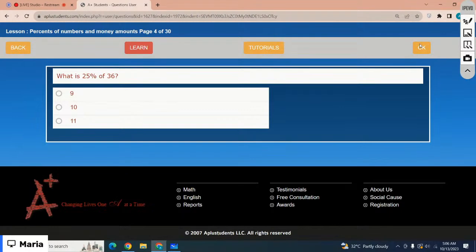So 36 divided by 4 is 9. That means 25% of 36 is 9. The correct option is 9.